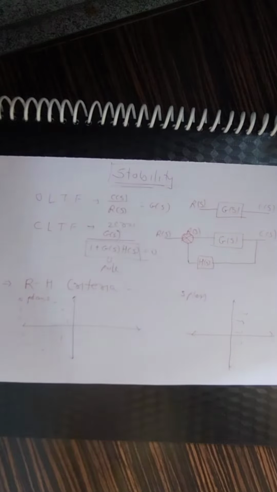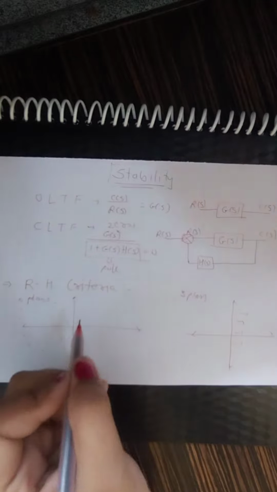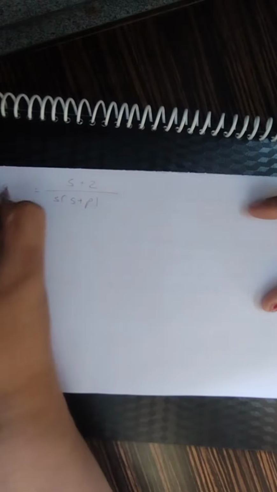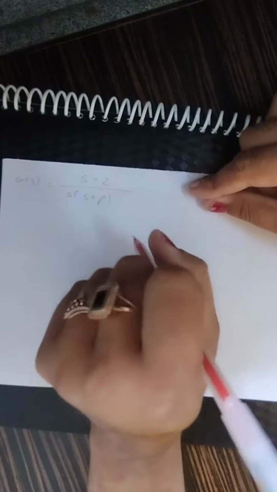To find that, how can we find whether poles are on the right hand side or left hand side? I have one transfer function. To check the system stability, first I will make the denominator equal to 0.